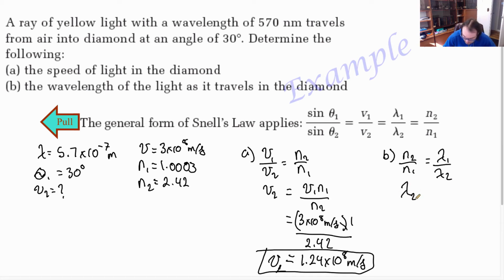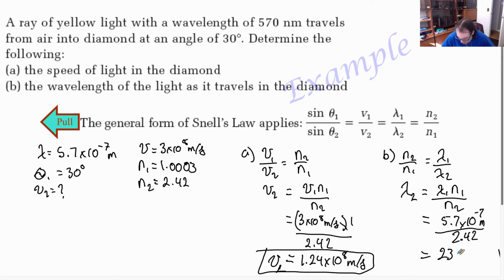So my refracted wavelength is going to be equal to lambda 1 N1 divided by N2, which is, same thing again, 5.7 times 10 to the negative 7 divided by 2.42, which is going to end up giving me 235 nanometers. Okay?